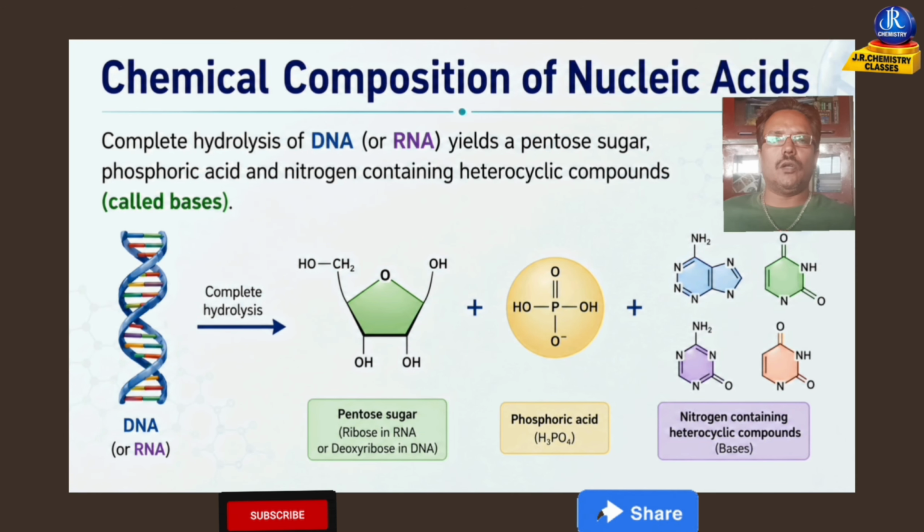Chemical composition of nucleic acids: complete hydrolysis of DNA or RNA yields a pentose sugar, phosphoric acid, and nitrogen containing heterocyclic compounds called bases.